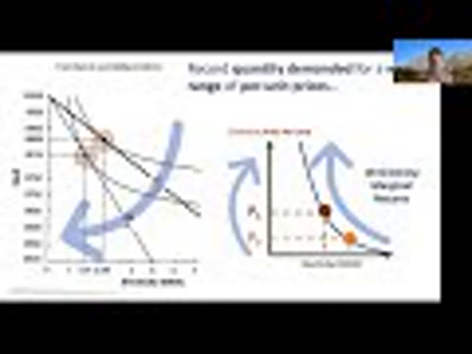Now I only had a $3 budget. Now when I had a $3 budget and I bought $1 of rice, I could buy pasta. But now I can't buy pasta because all I have is $1 left. But I still need calories. So how do I deal with the fact that I now have to spend more of my budget on rice and I can't meet my calorie demands with pasta?